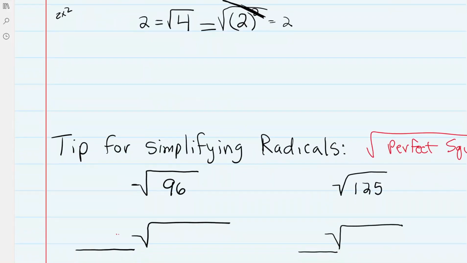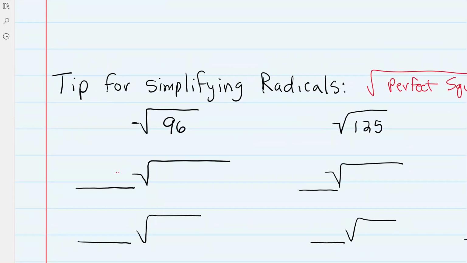So we're going to take 96, and what you want to do is find a perfect square in 96. Let's see if 4 goes into 96. 96 divided by 4 is 24. Well, wait. 4 goes into 24 6 times.